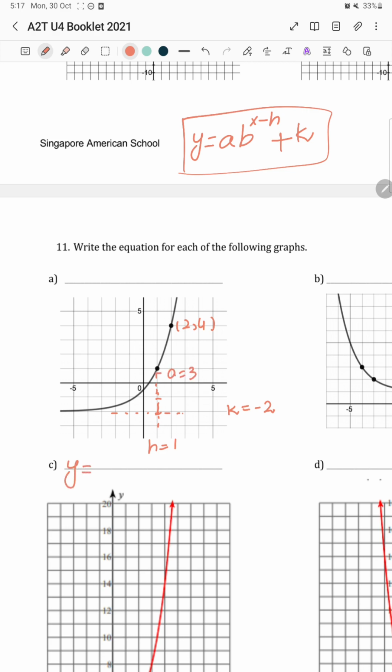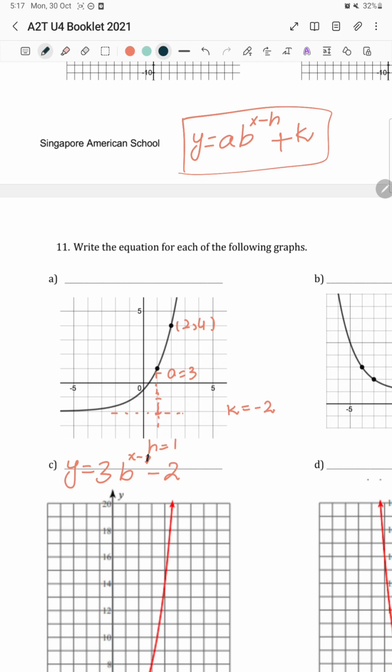Y is equal to a, which is 3, times b, which is not given, to the power x minus h, which is 1, minus 2.